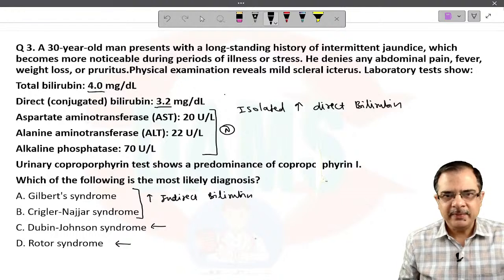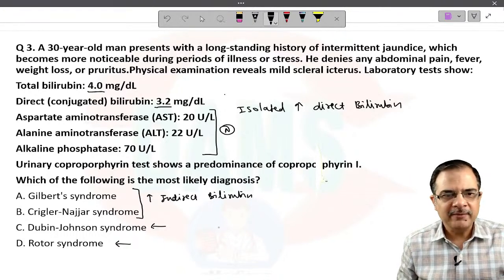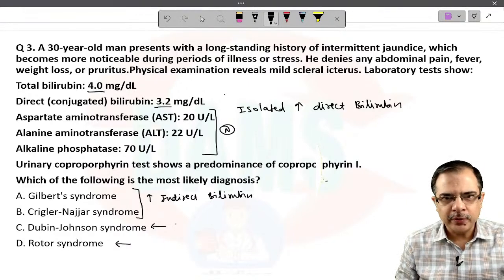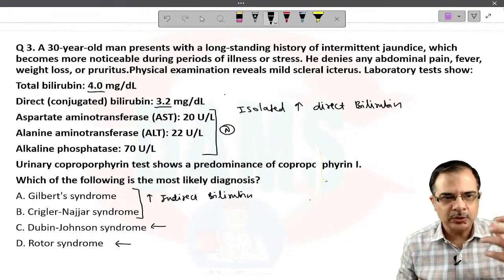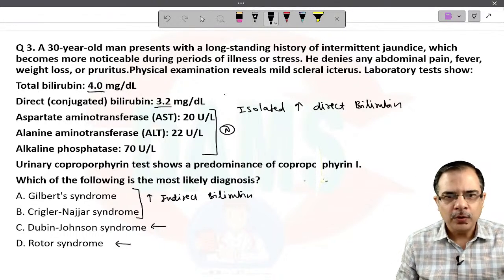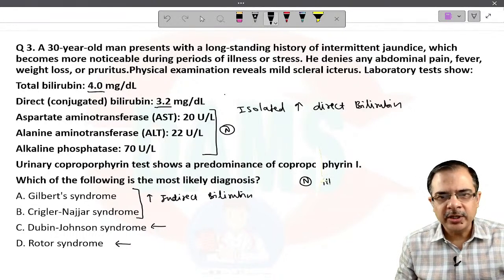So to differentiate them is the urinary level of coproporphyrins. In cases of Dubin-Johnson syndrome, there are 2 isomers of coproporphyrin, 1 and 3. Normally 3 is more prominent than 1.